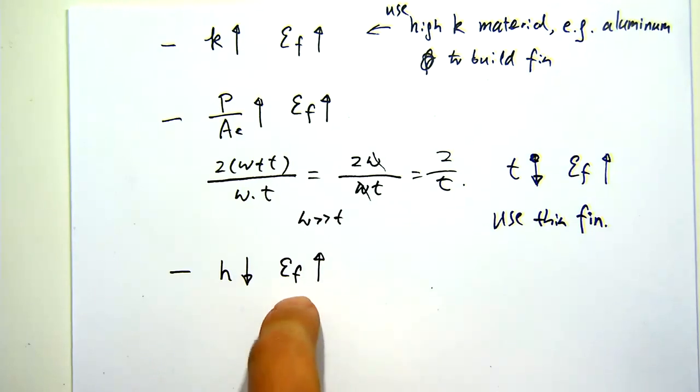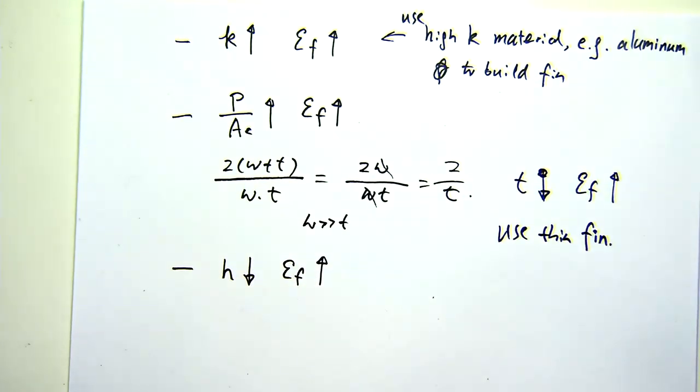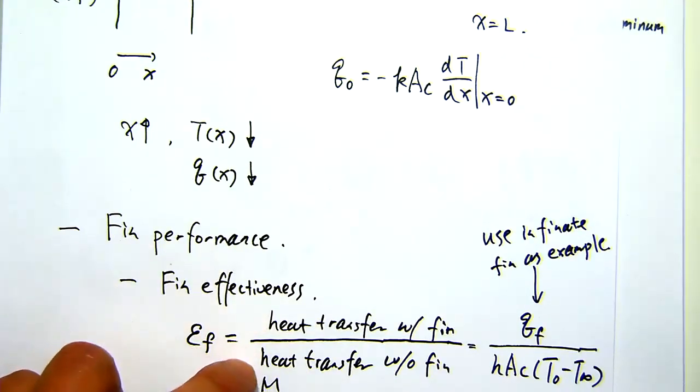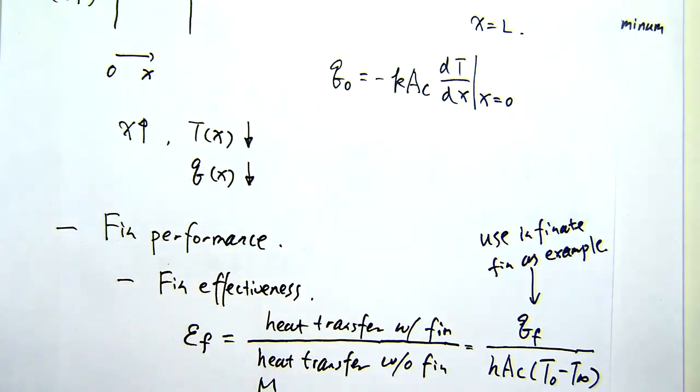So that's related to how we define the fin effectiveness. This one is defined based on a case with fin and without fin. This definition is not necessarily related to the absolute heat transfer rate.